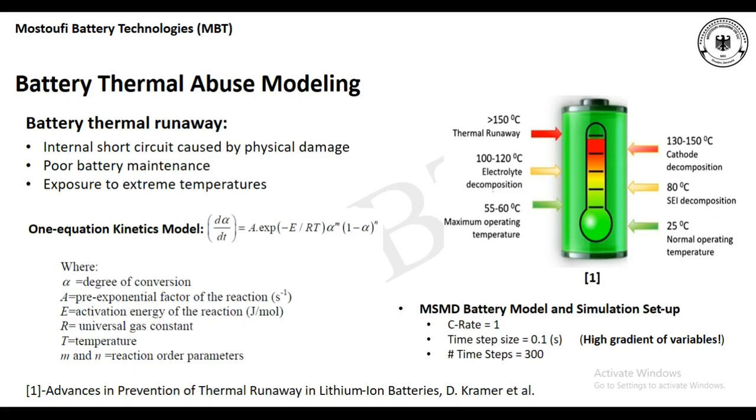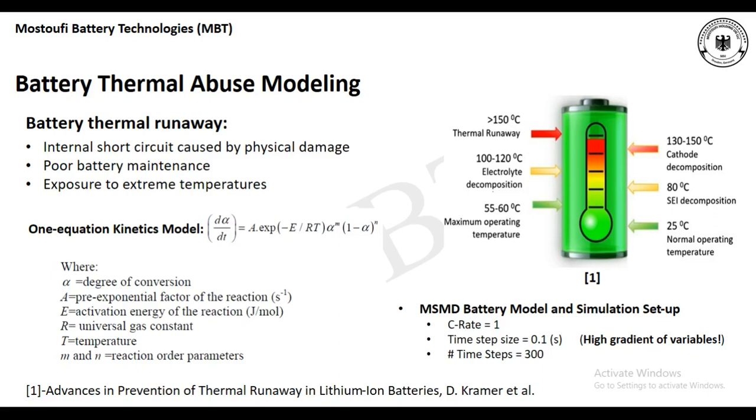This model has different parameters like alpha, which is the degree of conversion, and other parameters such as the pre-exponential factor of the reaction, the activation energy of the reaction, the universal gas constant, the temperature, and M and N, which are the reaction order parameters. All these parameters could be estimated via a Fluent provided parameter estimation tool.